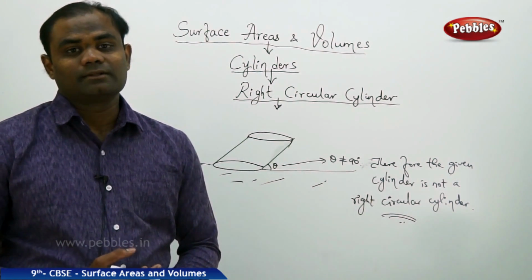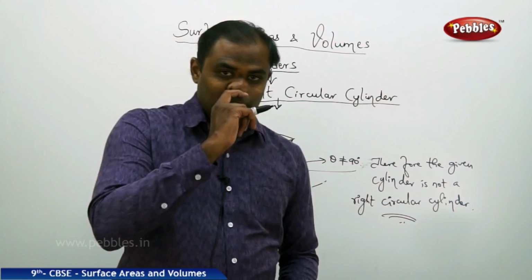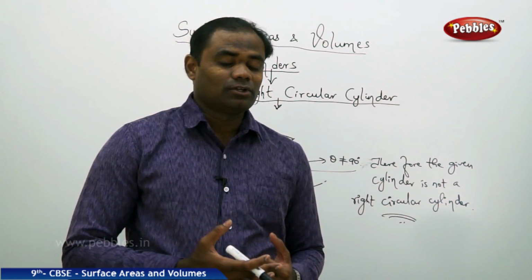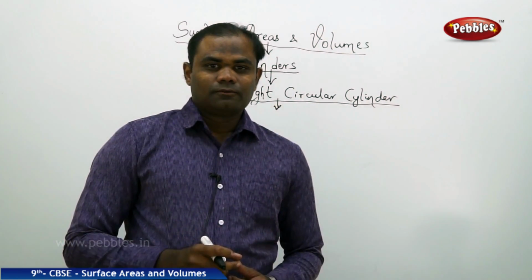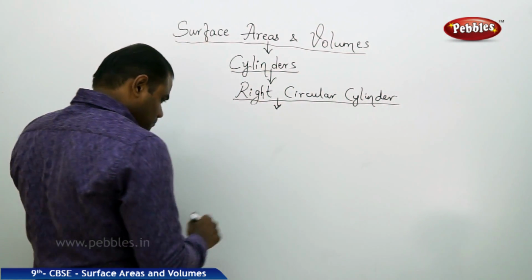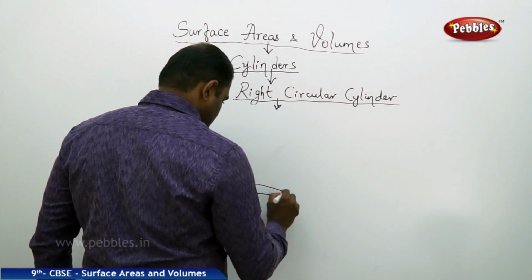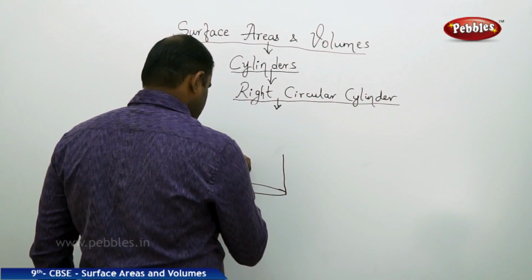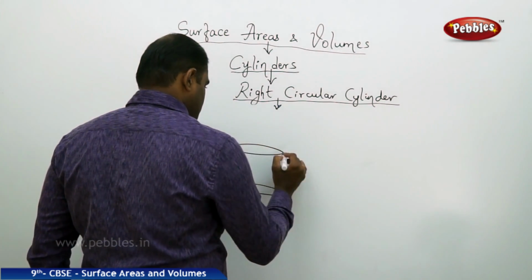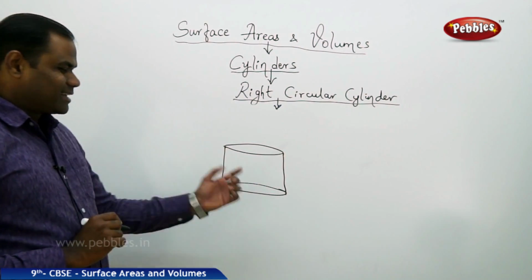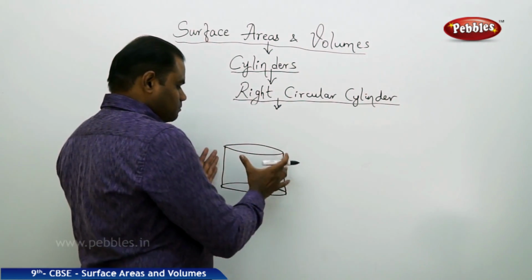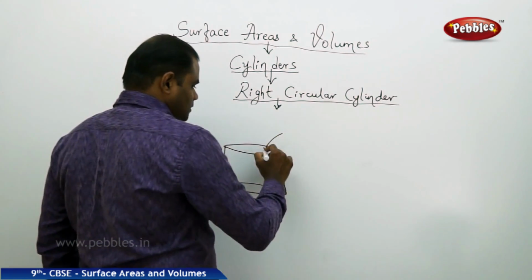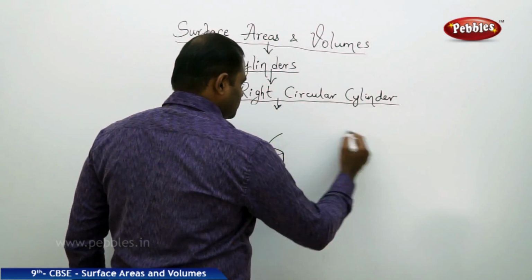This is how we understand. Let's take one more example to understand the classification between a right circular and a non-right circular cylinder. For example, I take a shape which looks like a cylinder, but actually this solid is formed by constructing a different object which is in the shape of this.